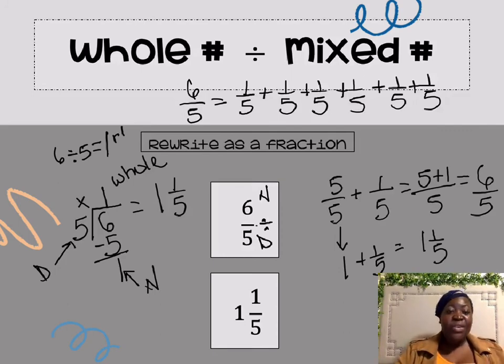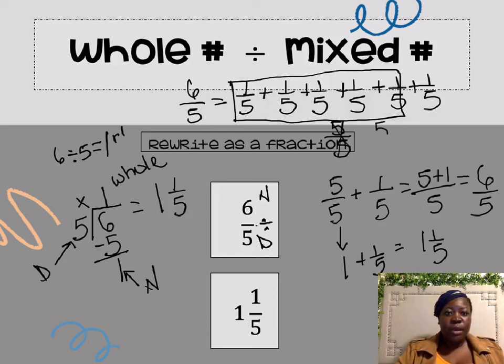Now you're going to ask yourself, how do I write a whole? Or how many 1/5 do I need to make a whole? You know that you are going to need 5 of the 1/5 to make a whole, because 5 of the 1/5 is equal to 5/5. Actually, let me write it over here.